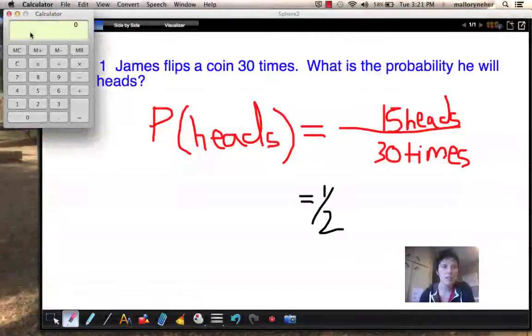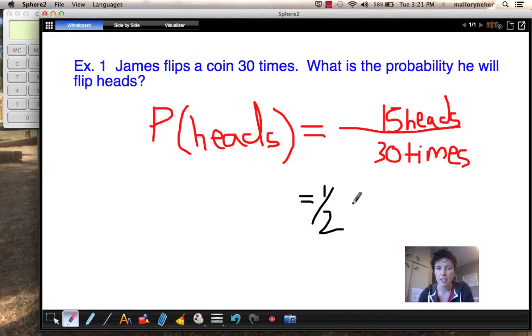So I'm going to use my calculator here for a second, and 1 divided by 2, if we don't already know, which we do, is 0.5. So we're going to write equals 0.5.